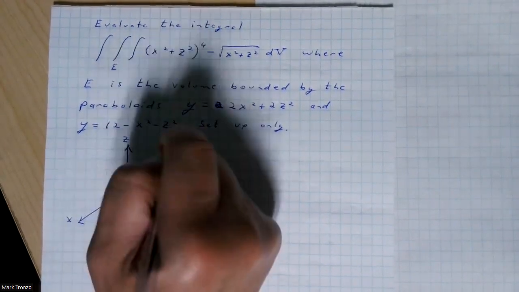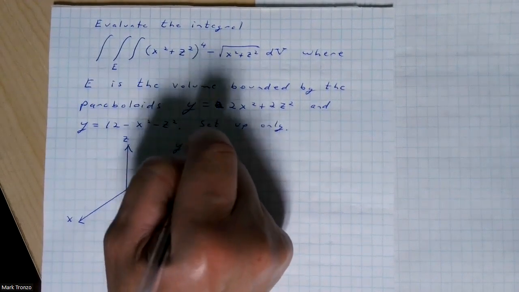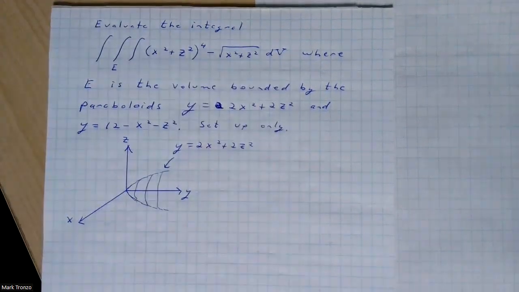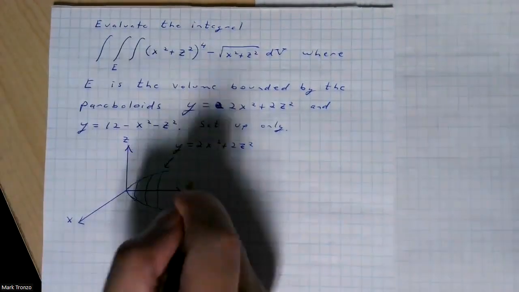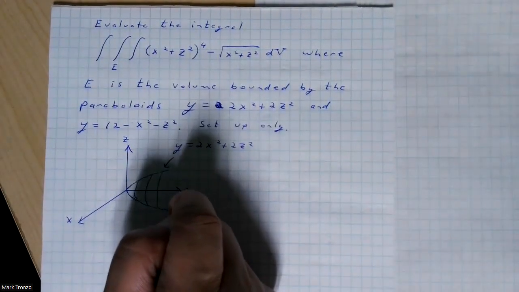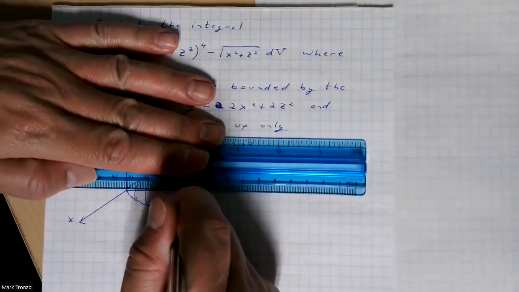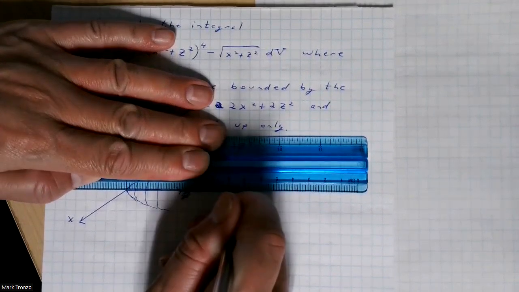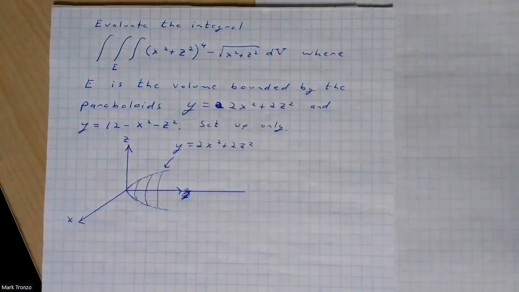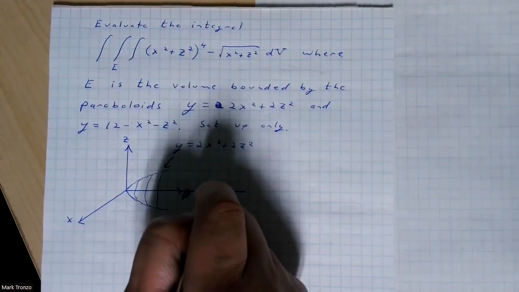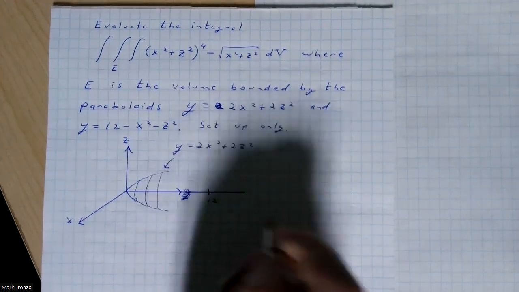That would be our y equals 2x squared plus 2z squared. It's a little bit messy, but these don't have to be great, we just need to give an idea of what they look like.